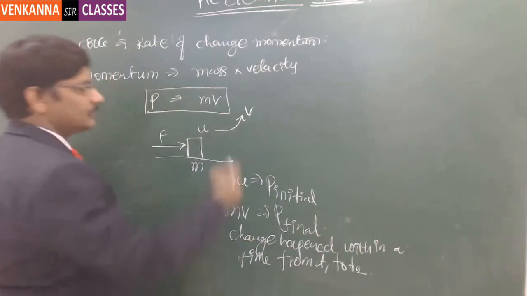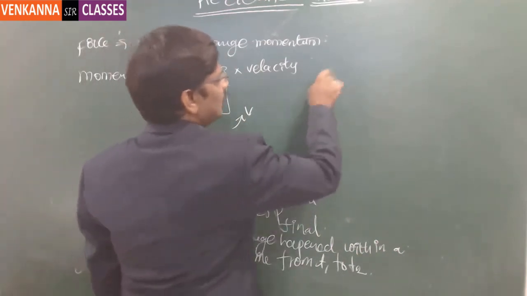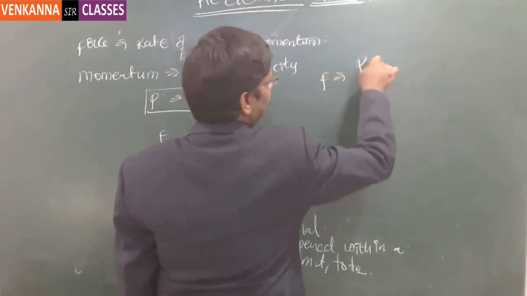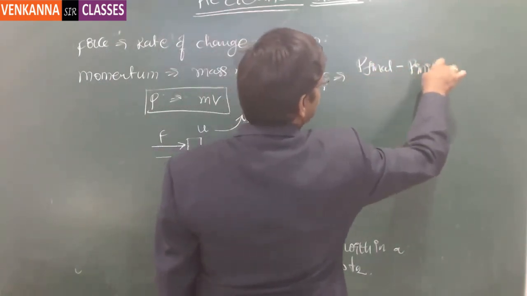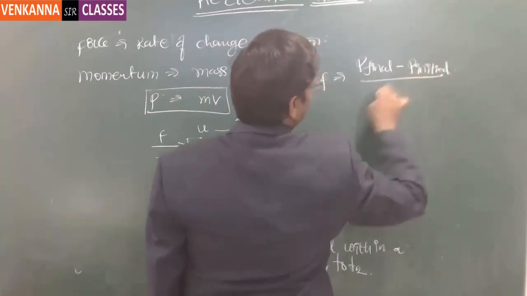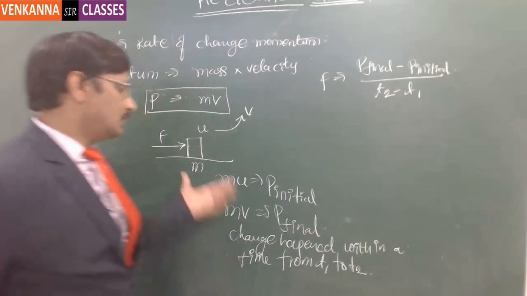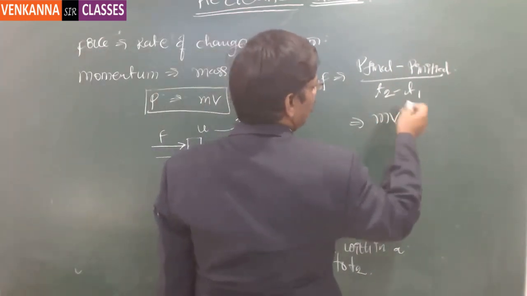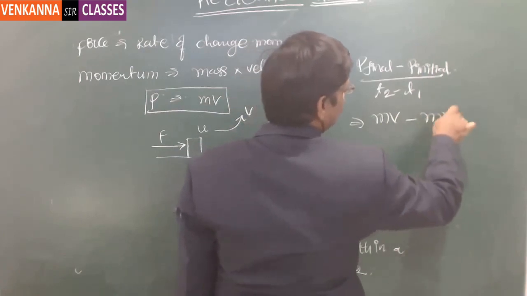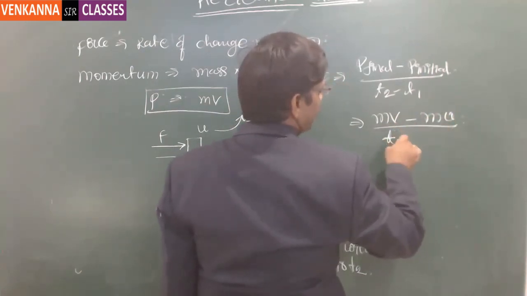Then obviously the force is nothing but the rate of change of momentum. So F is equal to P final minus P initial divided by t2 minus t1. So this is the force. Now if you replace these values, this is going to be mass into final velocity minus mass into initial velocity, divided by t2 minus t1.